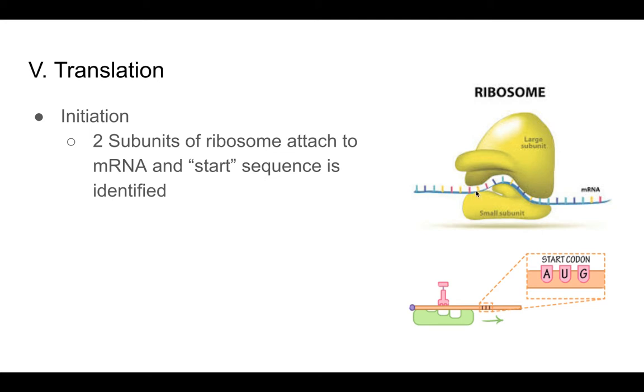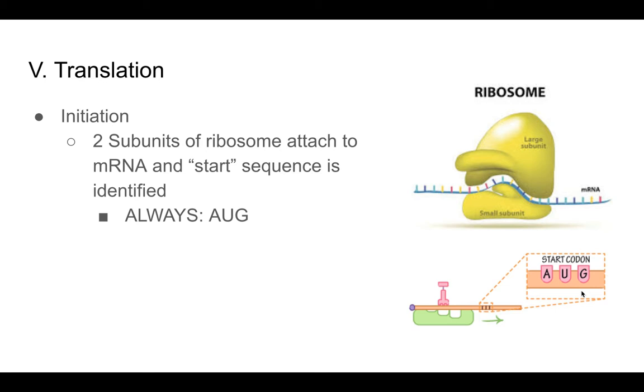And then this ribosome complex starts scanning the mRNA for what is called a start sequence. The start sequence on the mRNA is always AUG. We call this the start codon because remember, we read mRNA in segments of 3 bases, and those 3 together are called a codon. So the starting codon is always AUG.